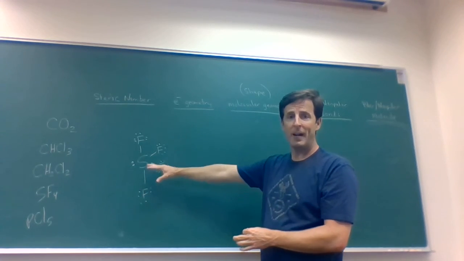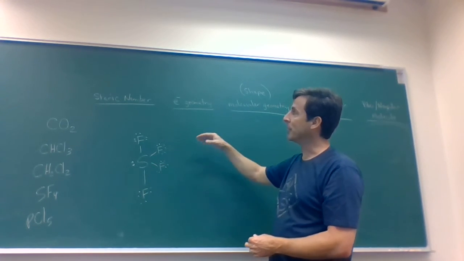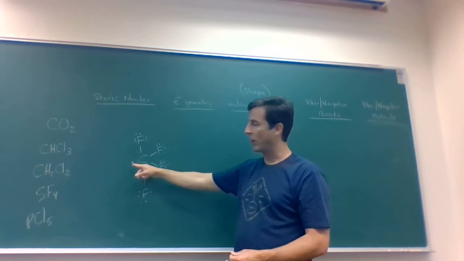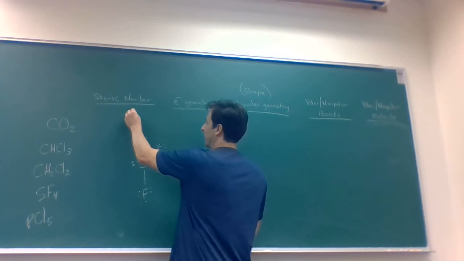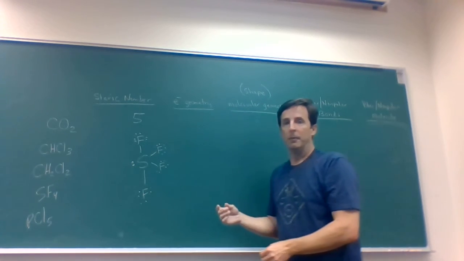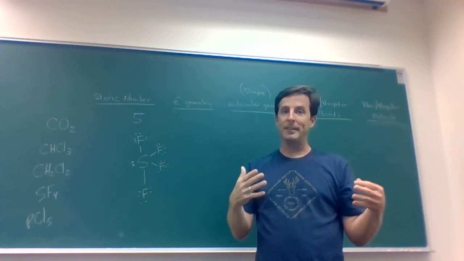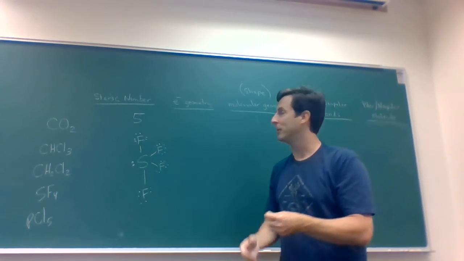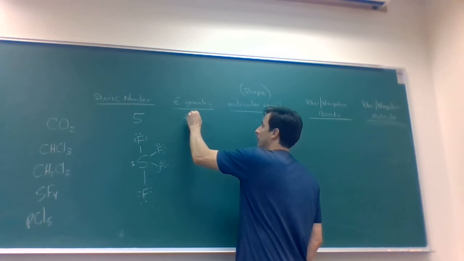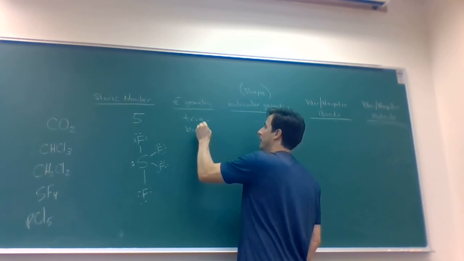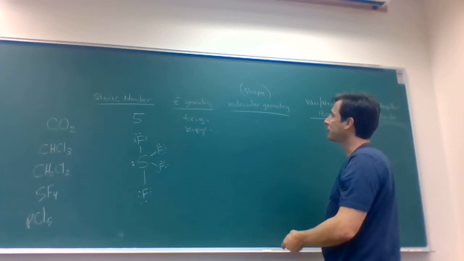Okay? But if I have that structure, the steric number, how many things are on sulfur? Well, there's 4 fluorines and 1 lone pair, so the steric number of this one is 5. Electron geometry, if I have 5 groups, you have to memorize the basic structure for 5 groups. It is trigonal bipyramidal.